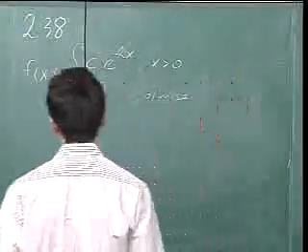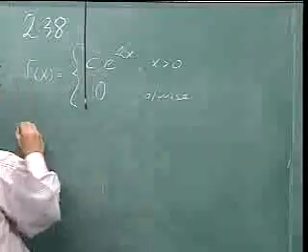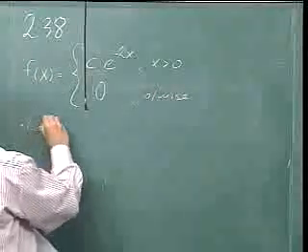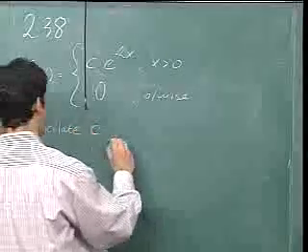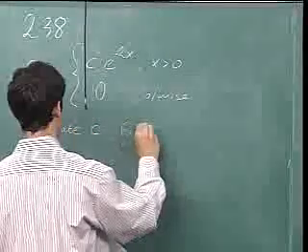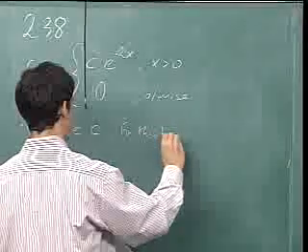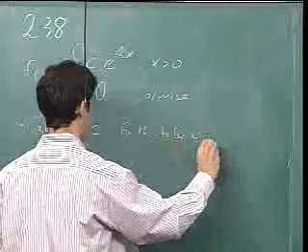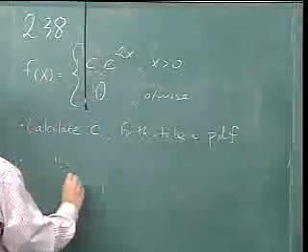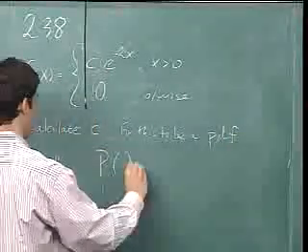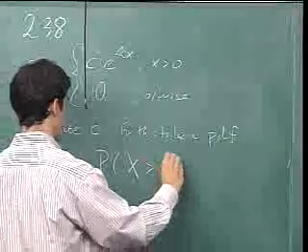And we want to, first of all, calculate C in order for this to be a PDF. And then also we want to calculate the probability that x is greater than 2.